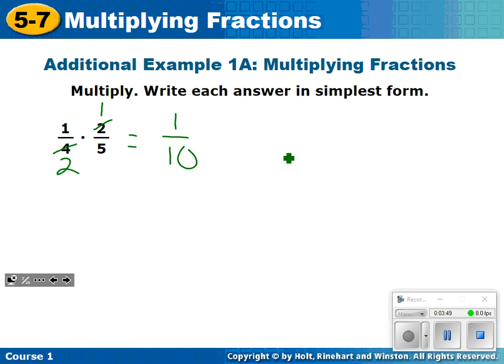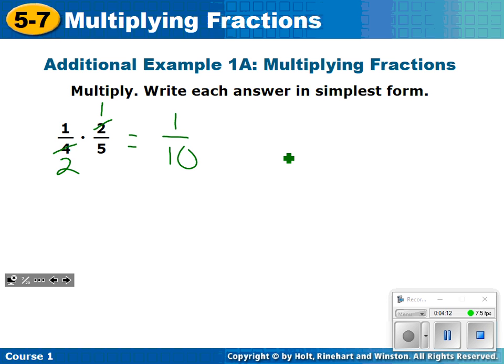Oh, you mean just go 1 times 2 is 2, and then 4 times 5? You can, but you're going to end up dealing with larger numbers then. Whereas if you do this, you're multiplying 1s and 2s, and otherwise some of them are going to get a lot bigger.